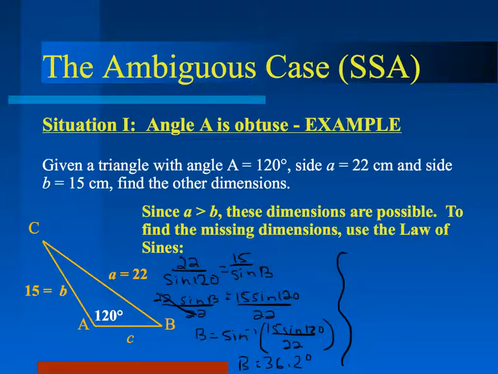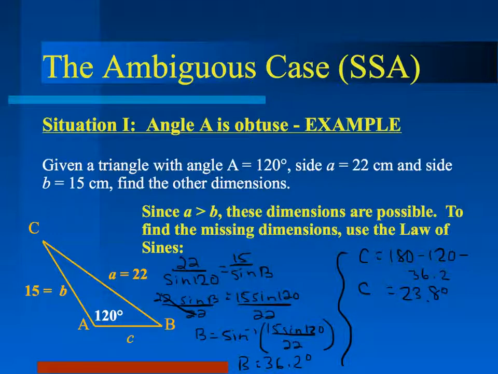And then we already know angle A is 120 degrees, so angle C is 180 minus 120 minus 36.2, which would be about 23.8 degrees.